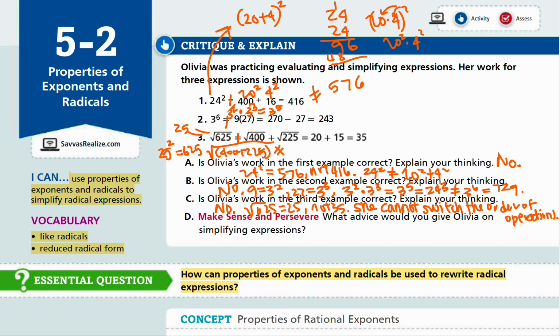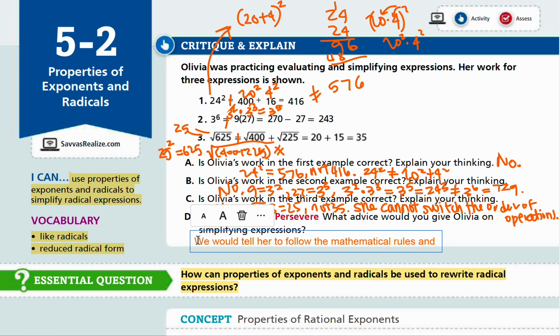You could tell her to what? Follow the mathematical rules and properties that she knows, and always check her answers to make sure they work. So we would tell her to follow the mathematical rules and the properties and always check her answers, because it doesn't take long to even check your answer.